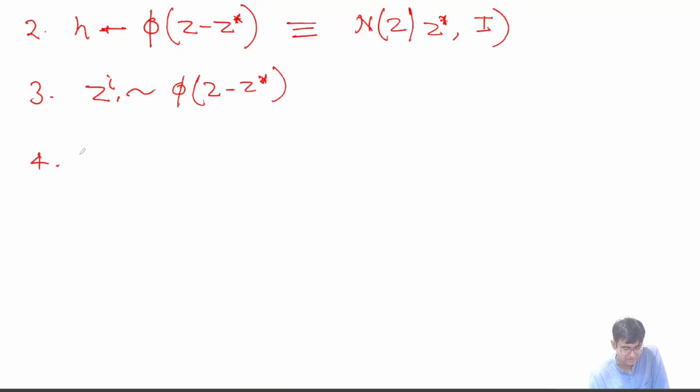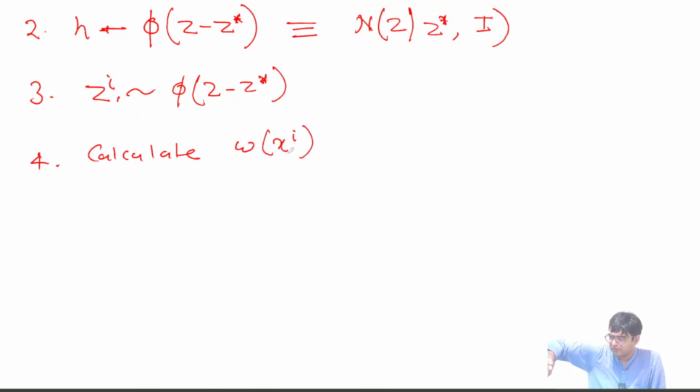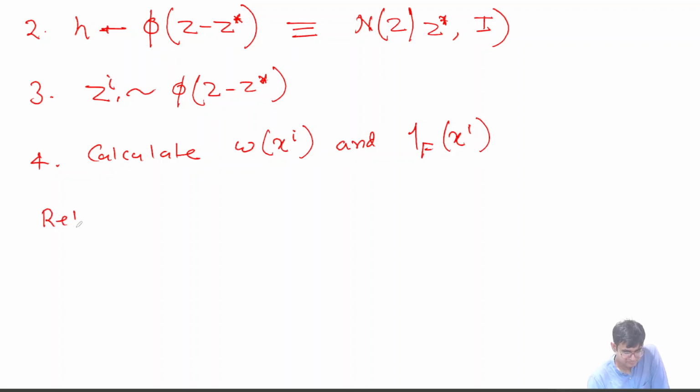Step 4 is you will calculate W of x_i. So you will transform this z_i into x_i and then calculate W of x_i and the indicator function of f(x_i), and then repeat steps 3 and 4 n times.